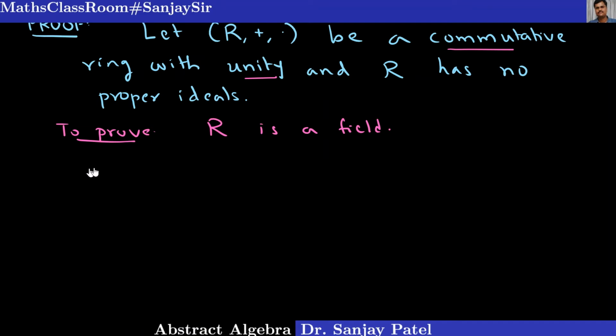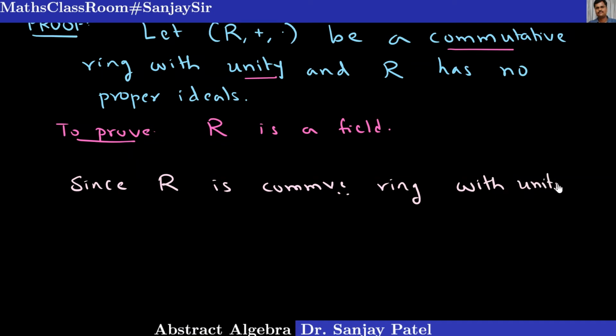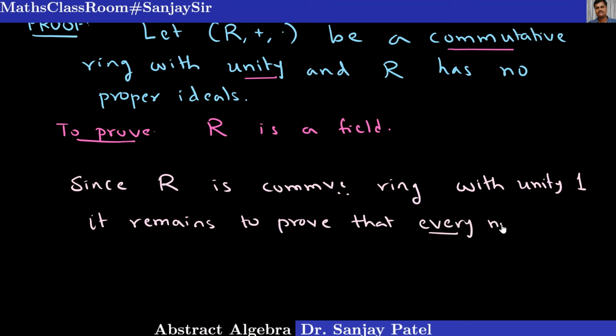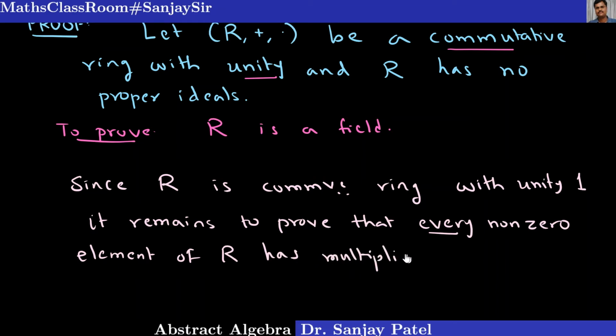So since R is a commutative ring with unity, say let us write the symbol 1, it remains to prove that every non-zero element of R has a multiplicative inverse.